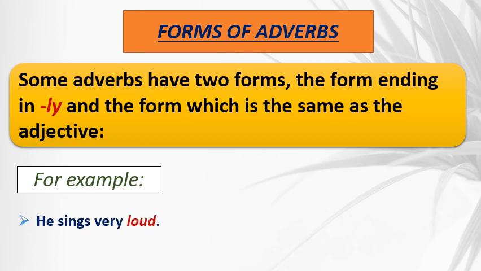He sings very loud. Number 2, he sings very loudly. So as we can see in the example, the word loudly is an adverb in the sentence. The word loud is also an adverb in the sentence. Both are used as an adverb in the sentence, but the forms are different.